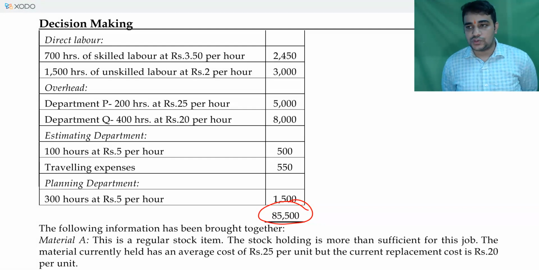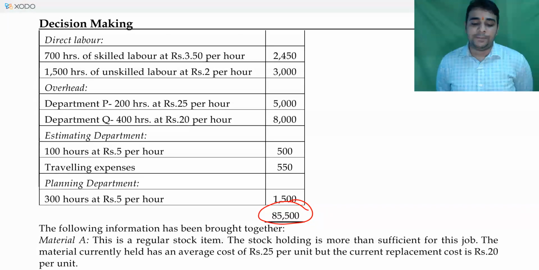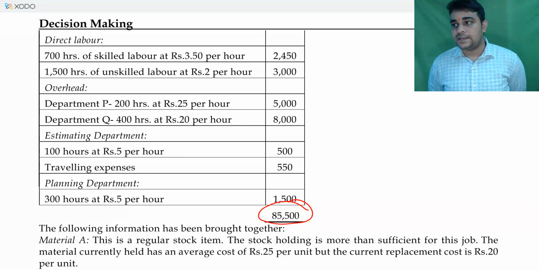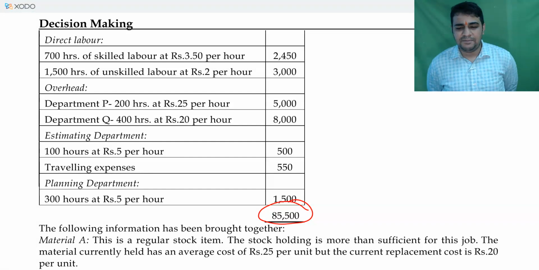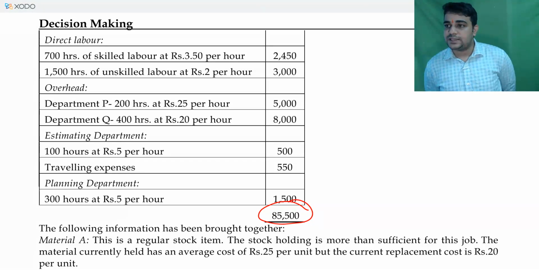Planning is also 0 because your estimation, planning, budgeting, all of that would have been prepared before this table is prepared by them. So planning is also technically 0 unless they make it clear that you need to do some extra planning from now onwards, maybe another 50 hours will have to be spent. There I need an extra explanation on whether the 5 per hour is a variable cost or a fixed cost.